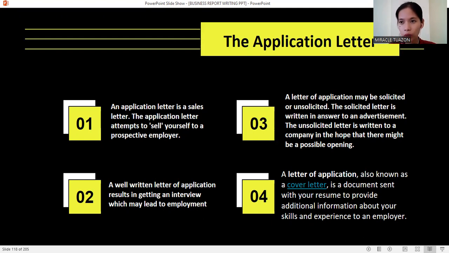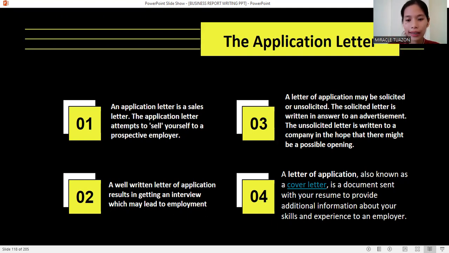For example, you have seen a poster about job hiring of a company or an institution. Then, you're interested in that position. Now, magsusulat ka ng application letter para makapag-apply ka doon sa company with that specific position.